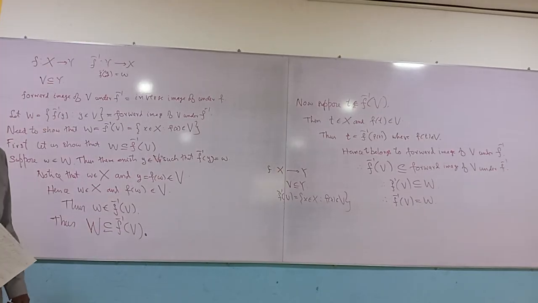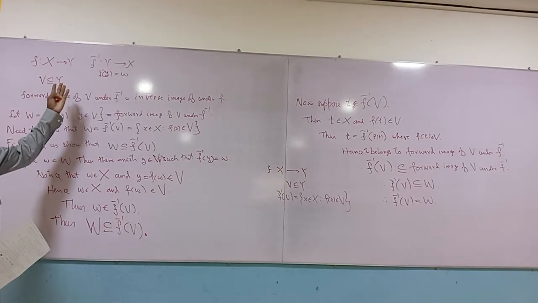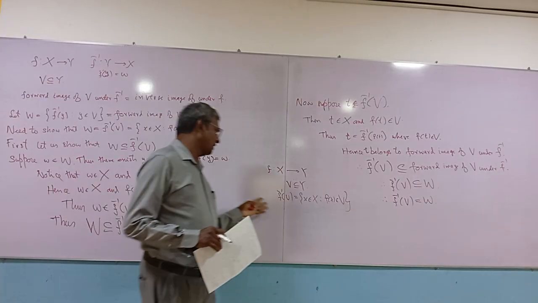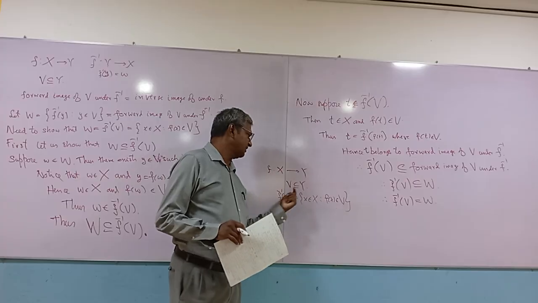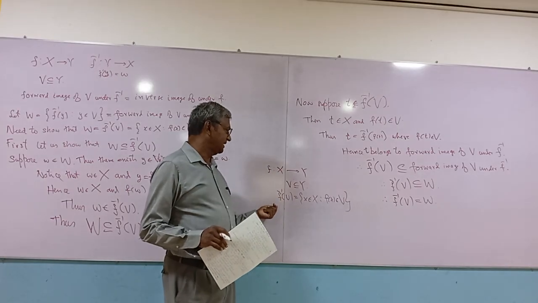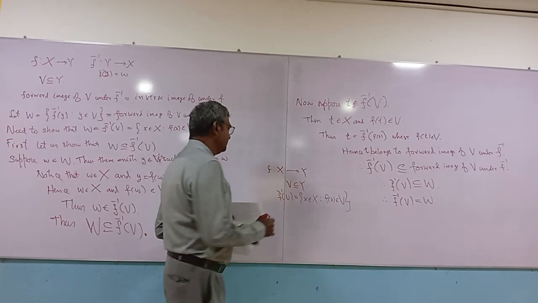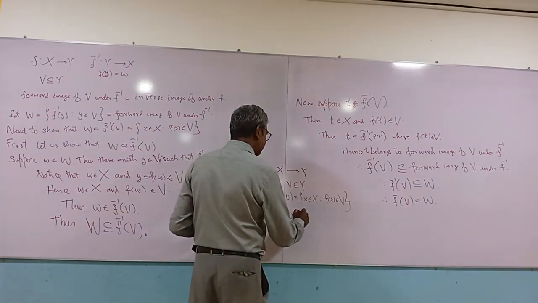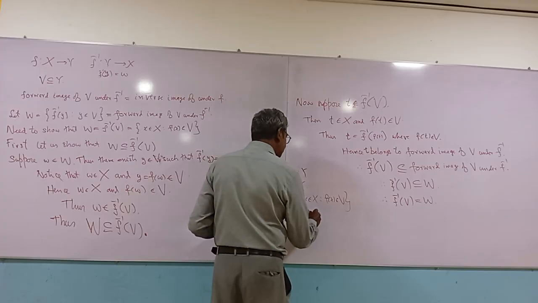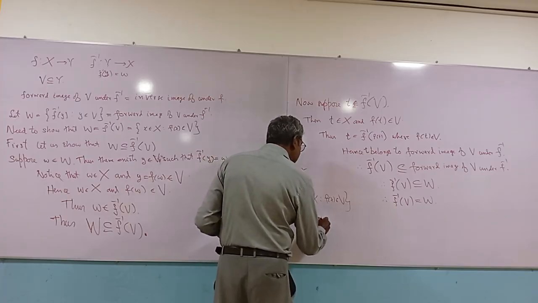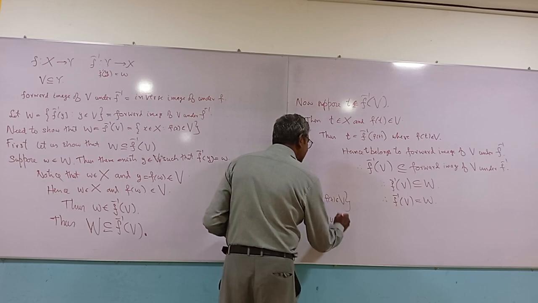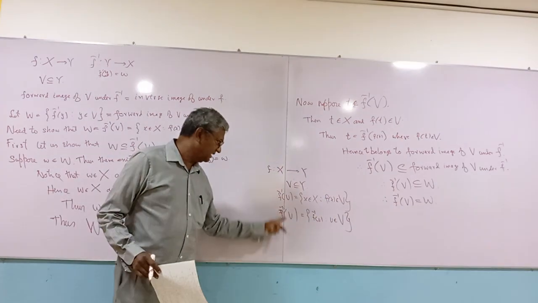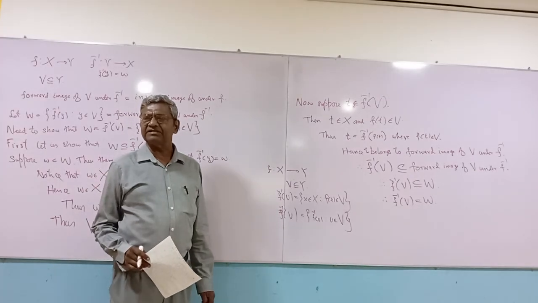Is it clear? The problem here is that one can run into an illusion. When you write f inverse v, it means the pre-image of v under f, but there is another meaning: when f is 1 to 1, f inverse v is the set of all f inverse little v, with little v belonging to capital V. These are two different things, the second when f inverse exists as a function.